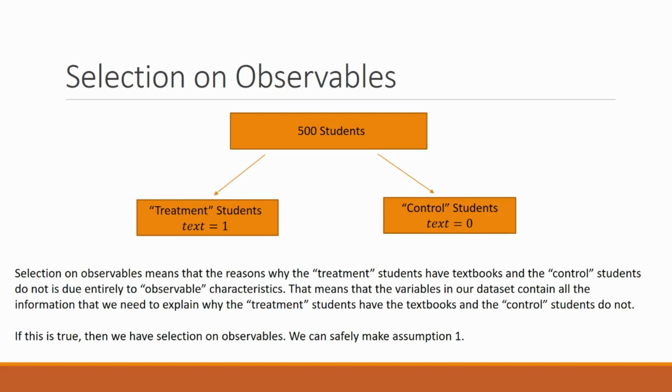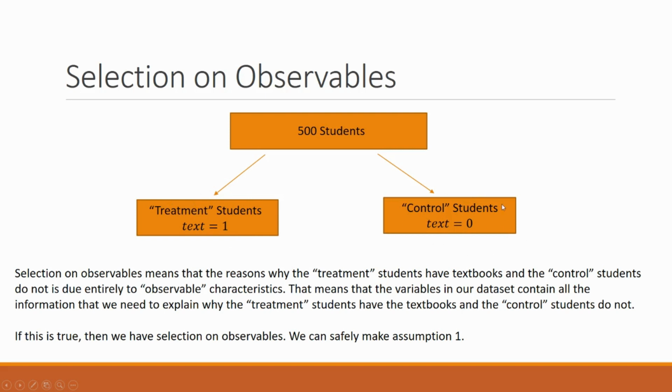Selection on observables would mean that we can explain why these students have it and these students don't, based entirely on data that we have observed. So let's say that the students that have the textbooks are from wealthy families. The only reason why these students have the textbooks and these students don't is because these students come from wealthy families and these students come from lower income families.